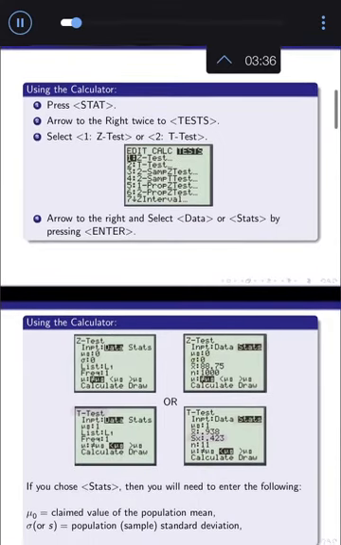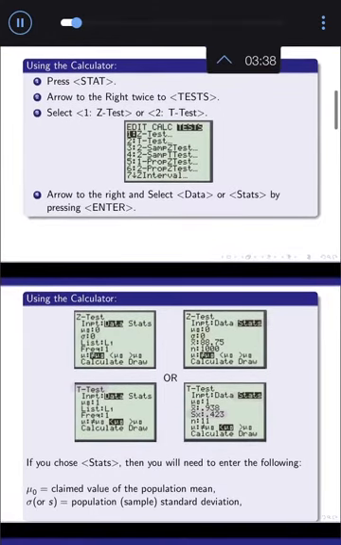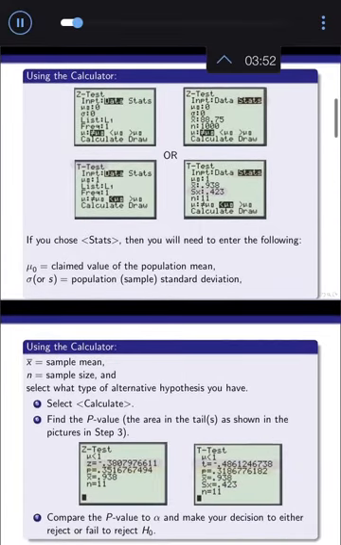Just like before, there was a z interval and a t interval back in chapter 7. Now there's going to be a z test and a t test. If we look at the programs inside our calculator, they have two options, either data or statistics.